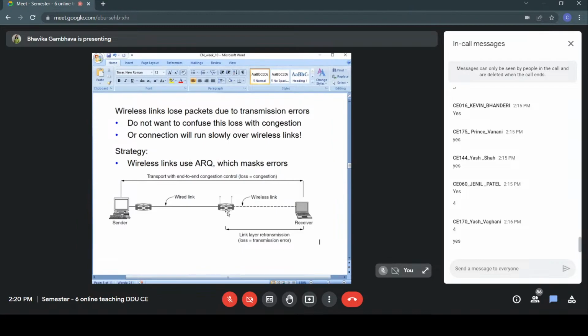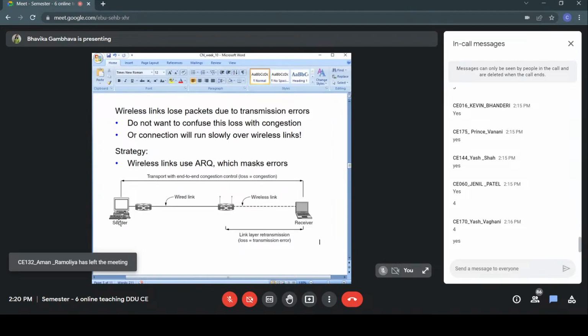This is a base station which is getting data from this part and it is forwarding data to this part. So if the network is exactly like this, that first we have a wired part followed by a wireless part, then we can do something to minimize the impact caused by losses over the wireless link.